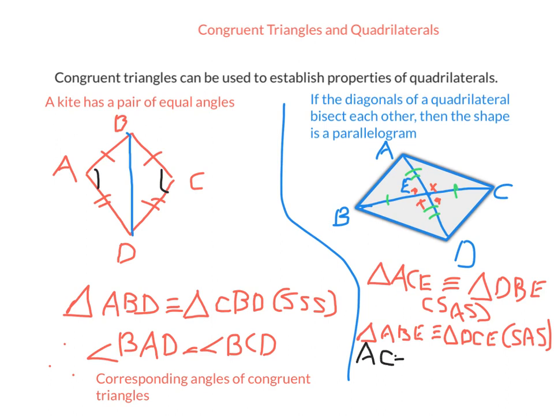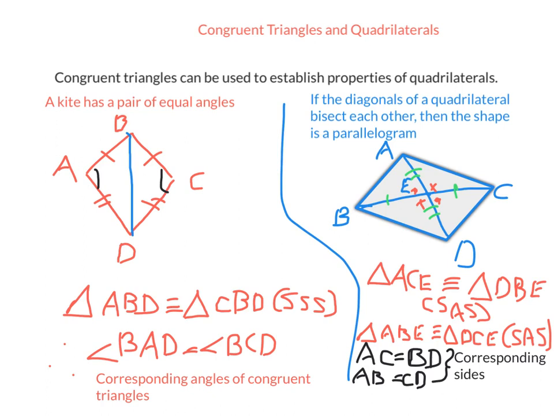So AC must equal BD, and because this triangle and this triangle are congruent, AB and CD must equal each other because they are corresponding sides of a congruent triangle. So I've actually shown that ABCD has two pairs of equal sides. So that means ABCD has opposite sides equal. These two sides and these two sides are equal, and that's enough to prove it's a parallelogram.